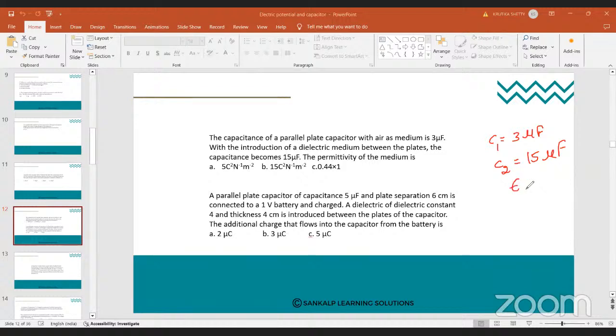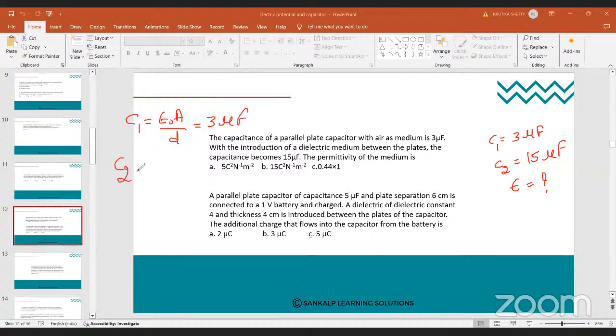The permittivity of the medium is asked. So what they are asking here: you have C1 equal to epsilon naught A divided by D, and its value is given as 3 microfarad.